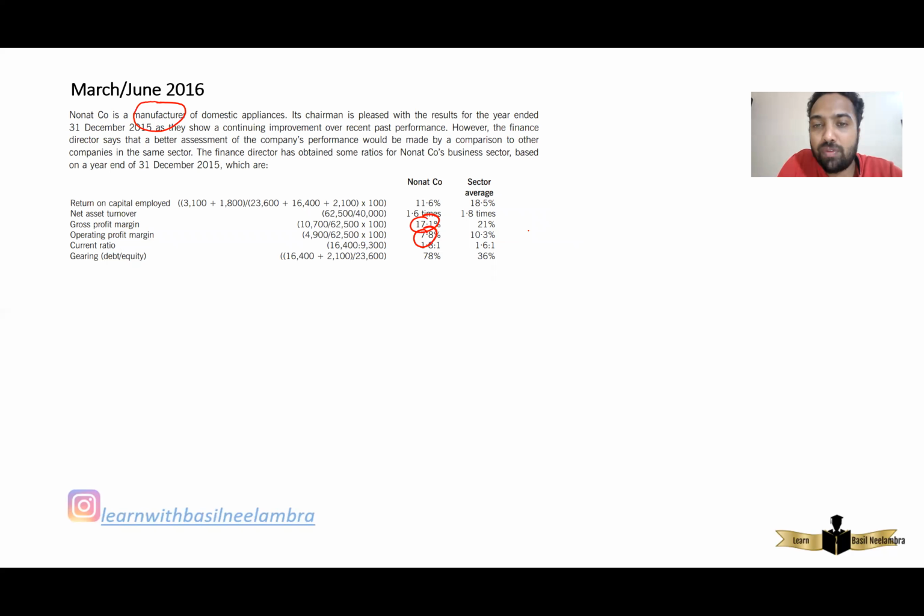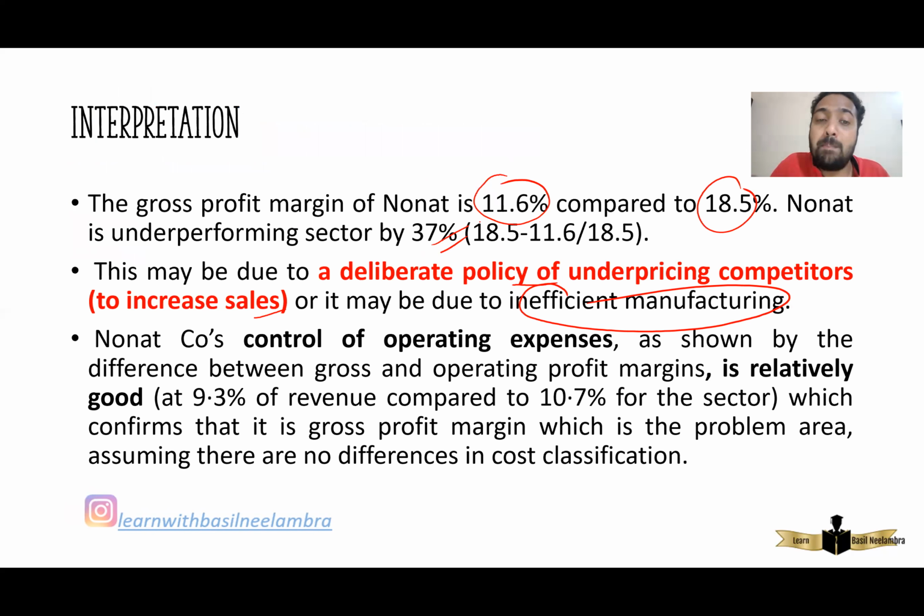So indirect expenses of Non-net is 9.3%, and 21 is the gross profit margin of the sector, whereas operating margin is 10.3, the difference is indirect expense. So the indirect expense as a percentage of revenue for Non-net is 9.3%, whereas for the sector it is 10.7. So Non-net is having better control of operating expenses as compared to its sector average.